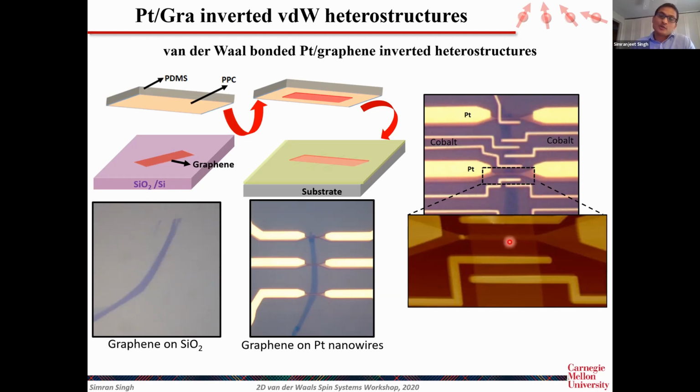Now, if you look at the topography of this interface, particularly the platinum graphene interfaces here, it's very clean, in the sense that it's free of any wrinkles, contaminants, or bubbles which can come through when we make this heterostructure. So which is great, right?